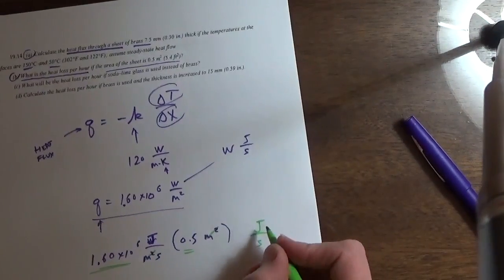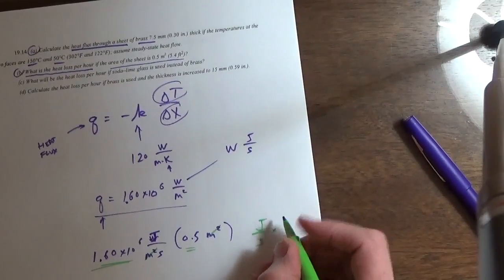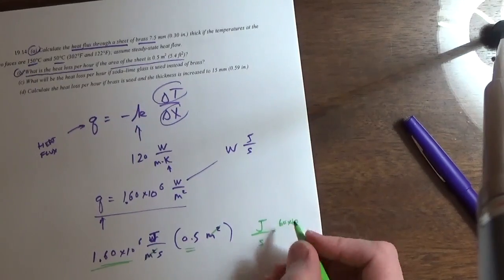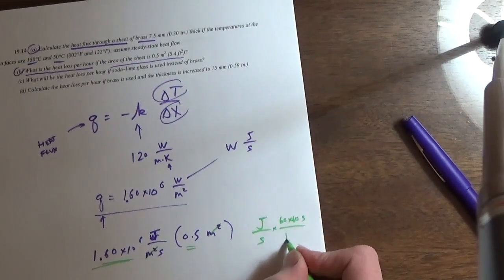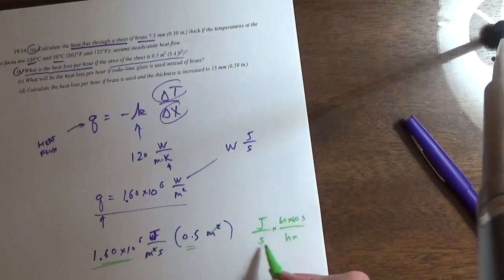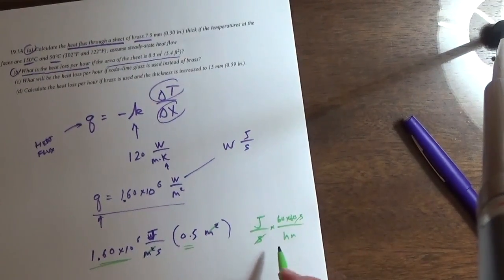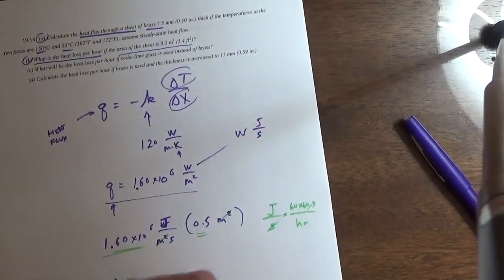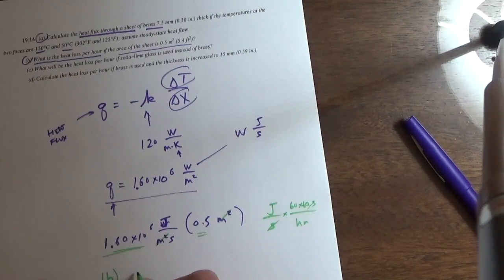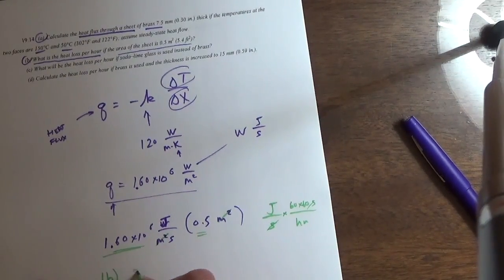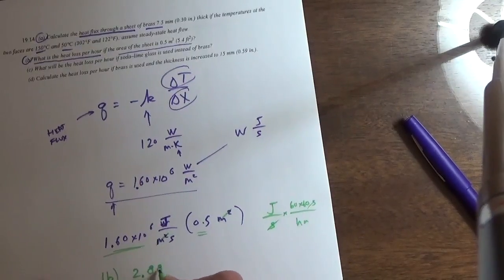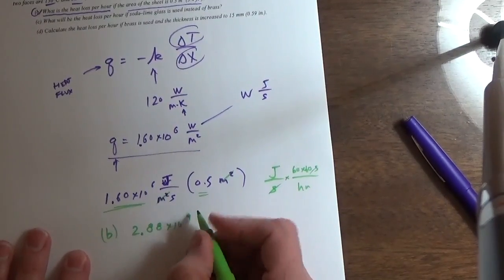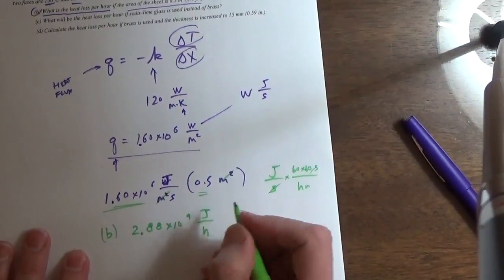And then you'll have to multiply by 60 times 60 second per hour to get it in joule per hour. And doing that, you wind up with 2.88 times 10 to the 9 joule per hour.